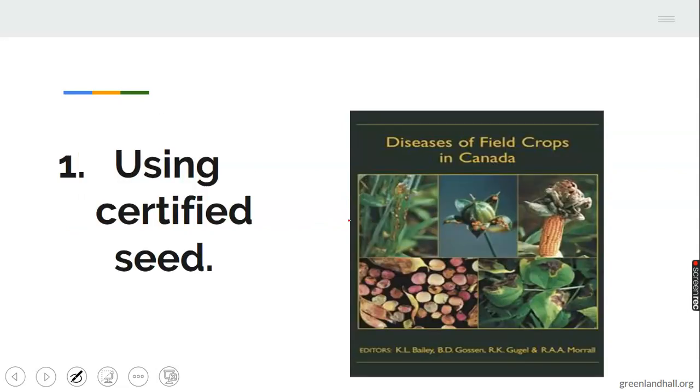Let's look at number one, using certified seed. Now, to grow your crops, you need seeds. The seeds farmers should use, or all of us who plant crops, should be certified.